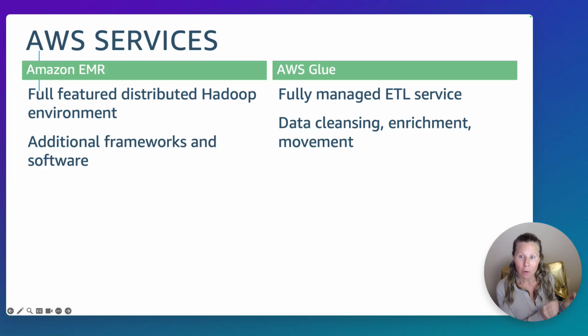Its ability to perform transformations goes way beyond what AWS Glue alone can accomplish. AWS Glue is a fully managed ETL service where Amazon EMR is not. Amazon EMR requires the installation of additional frameworks and software such as Spark, Hive, Pig, HBase, and Presto. But AWS Glue is a great solution when all you need is data cleansing, enrichment, and data movement.